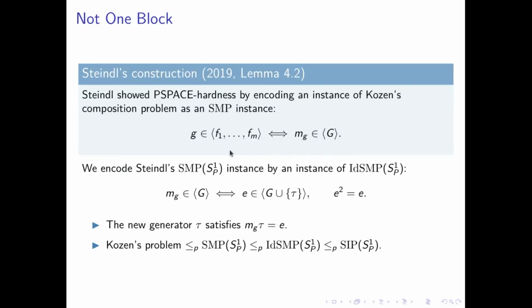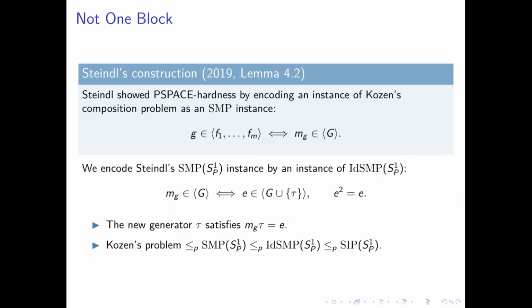And what we did is we showed that Steindl's instance can also be encoded as an instance of the idempotent target subpower membership problem. With this encoding, we were able to show that the coset composition problem reduces to SMP, and SMP reduces to idempotent target SMP.